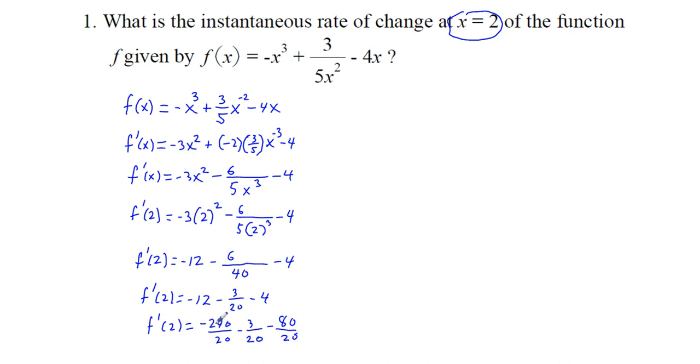So we have negative 240 minus 3 minus 80, so we're going to get negative 323 20ths. Okay, so that's the instantaneous rate of change at x equals 2.